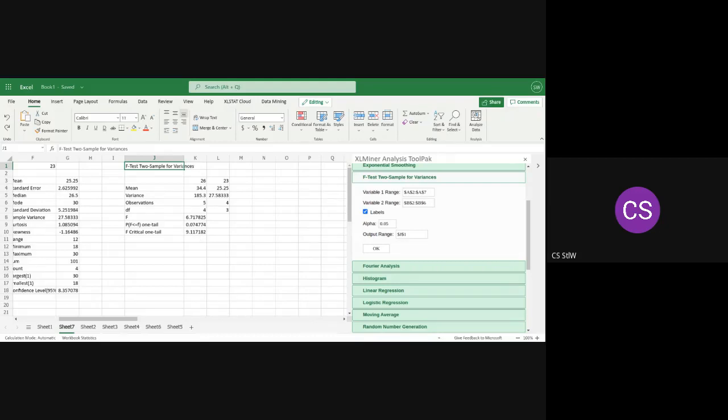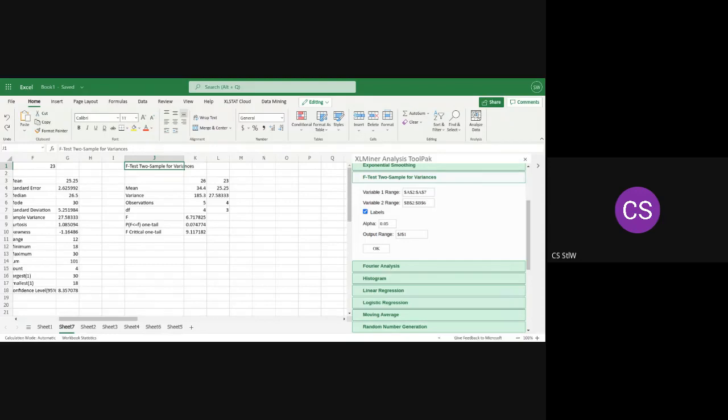With that being said, you have to make sure that the variance of A is higher than the variance of B. In our case, 185.3 is definitely greater than 27.583.